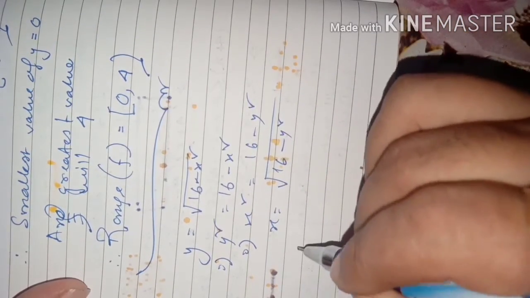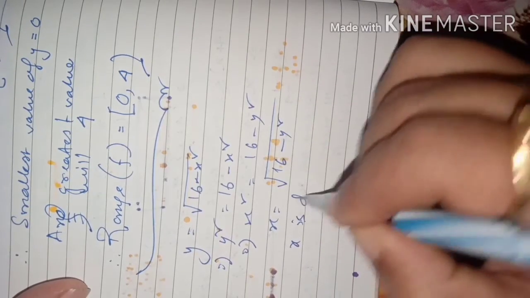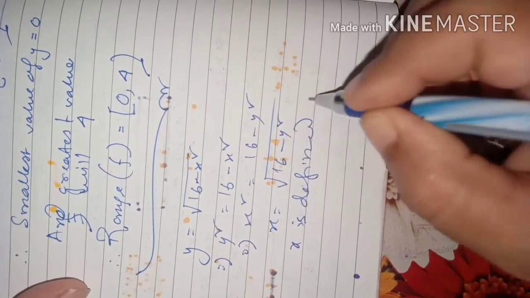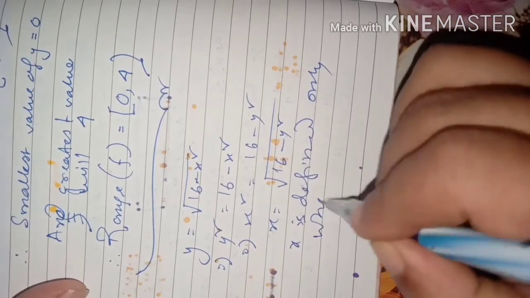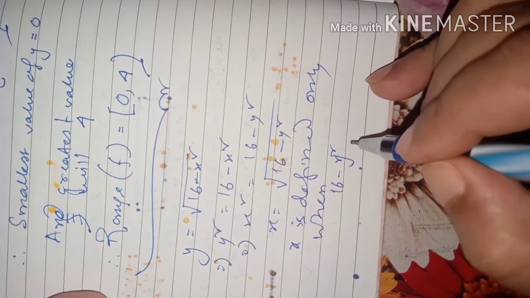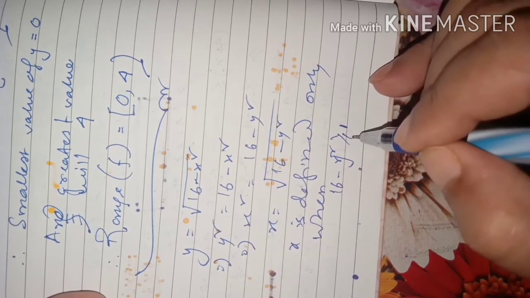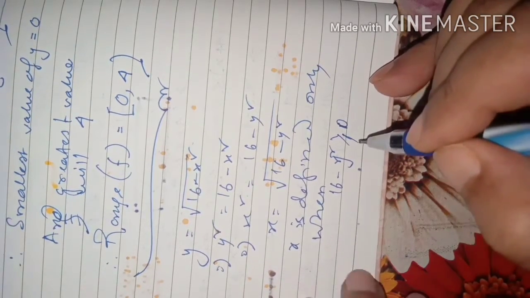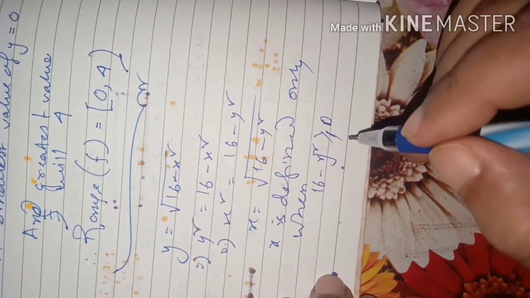So this x is defined only when 16 minus y square is greater than or equal to 0. So it tells us that y lies between minus 4 and plus 4.